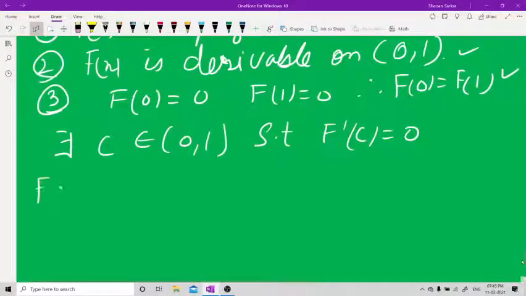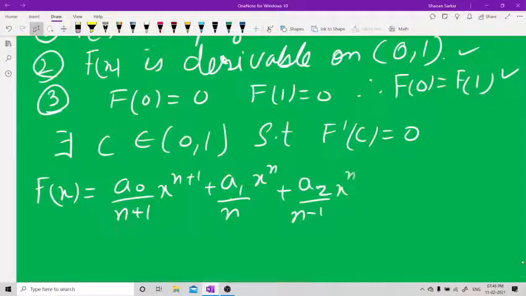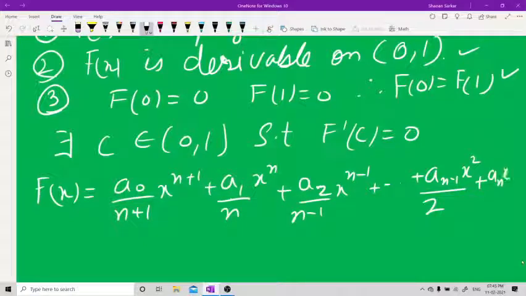So what is f(x)? f(x) is already a0 x to the power of n plus 1 upon n plus 1, plus a1 x to the power of n upon n, plus a2 x to the power of n minus 1 upon n minus 1, and so on up to a n minus 1 x square upon 2, plus a n x.